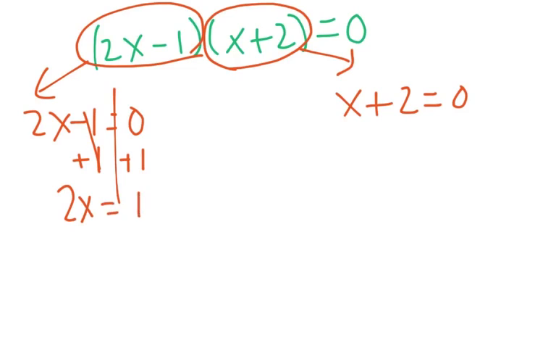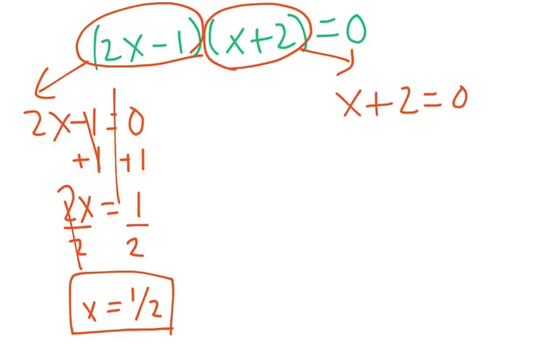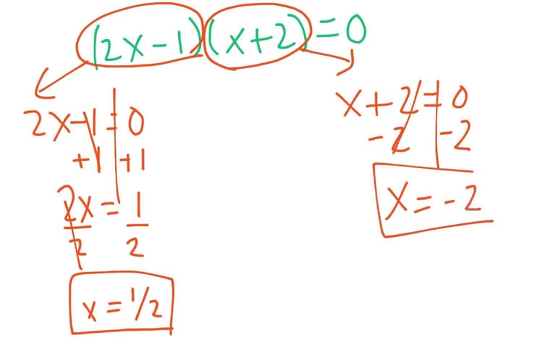Then we divide both sides by 2 to get x by itself. So I get x equals 1/2. Can I get a fraction as an answer? Yes, you can. And then over here on the right side, I'm going to subtract 2 from both sides to get x equal to negative 2. So my two answers are x equals 1/2, x equals negative 2.